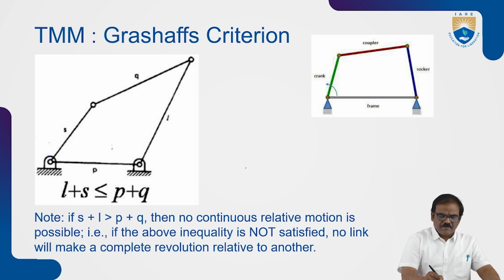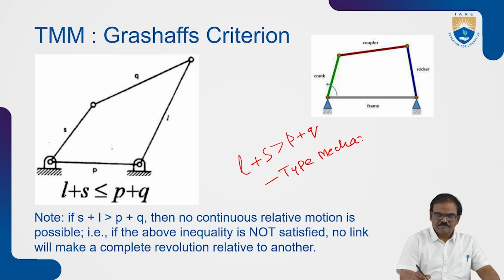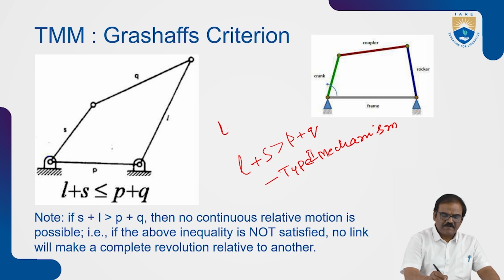If L plus S is greater than P plus Q, then we call it a type 2 mechanism. If L plus S is less than or equal to P plus Q, then we call it a type 1 mechanism.